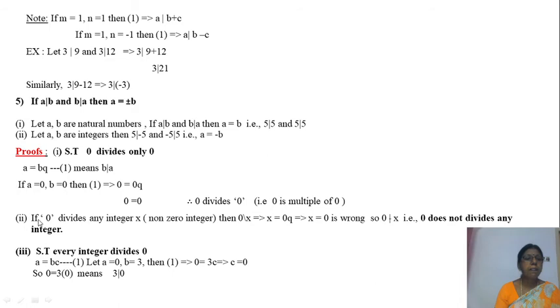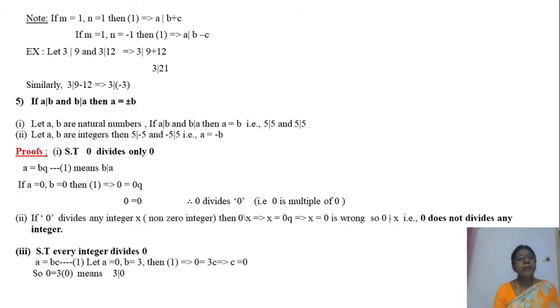Next, see the statement once more: 0 divides only 0. What does it mean? 0 divides 0, but 0 does not divide any other integer, any non-zero integer. So we show this in two parts.